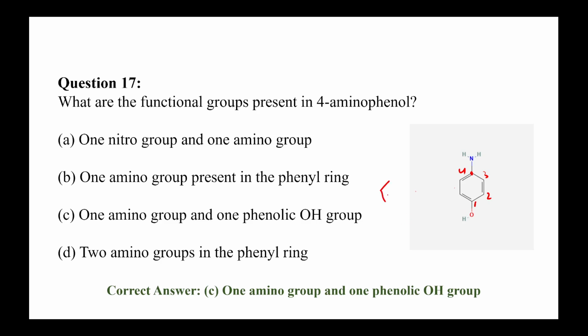So when you have an OH on the benzene ring, it's called phenol. Okay. So 4-aminophenol. So the functional groups are primarily the hydroxyl group OH and the amino group at the fourth carbon. Okay, one amino group and one phenolic OH.